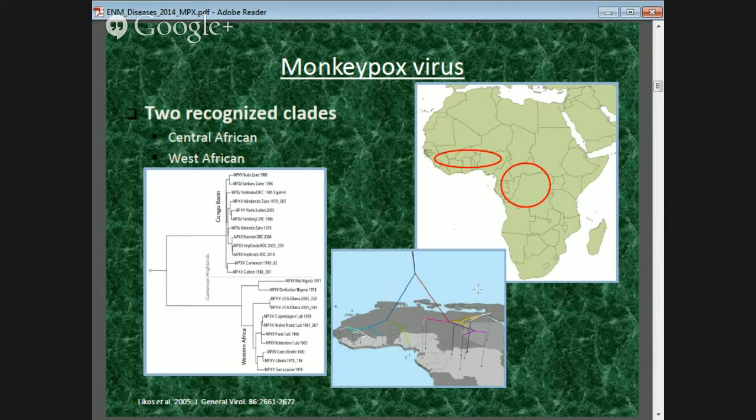Well, it's endemic in that area, and it's been recorded and seen many times, most of the time until present. There's differences in terms of the presentation of the disease. Also, it's not only genetic. The strain or the clade in West Africa is more benign.